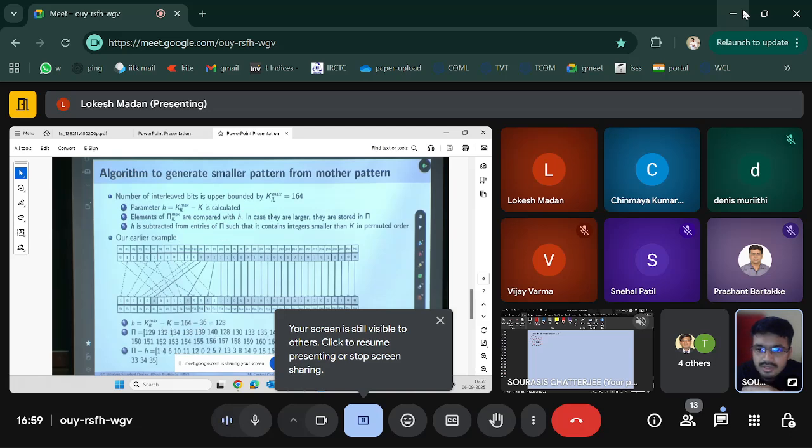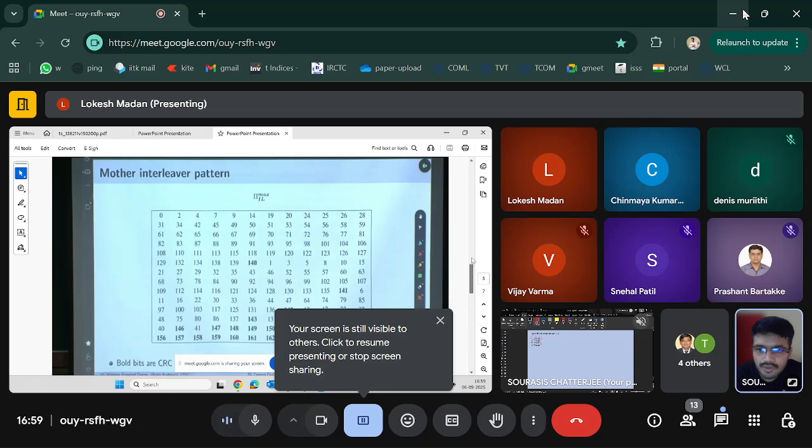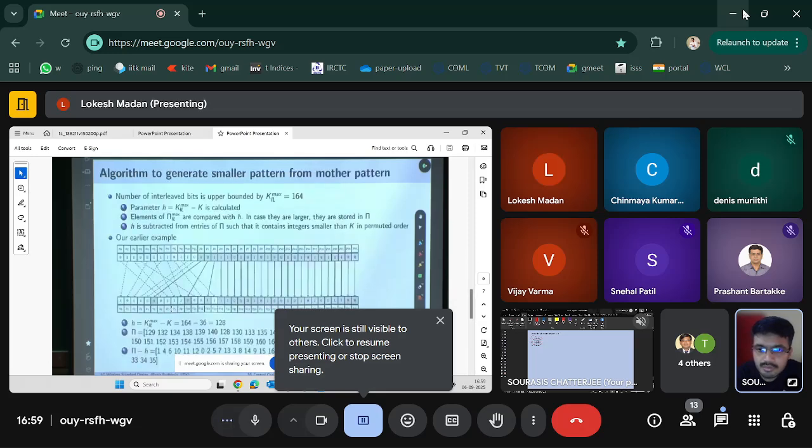That sequence is of the same length as your input sequence. Now you will adjust the position of your bits in your input sequence according to this pi minus h. For example, if you see the picture, your pi minus h comes out to something like 1, 4, 6, 10, right? So accordingly you will move the bits in your input sequence.